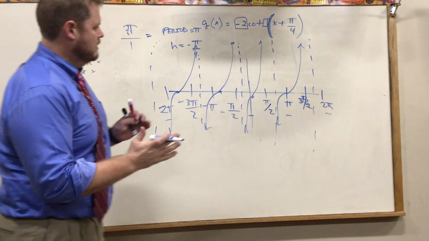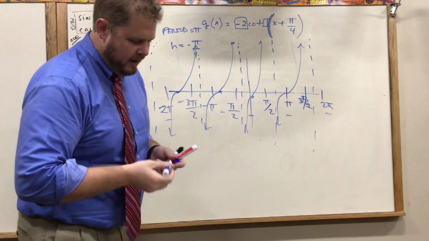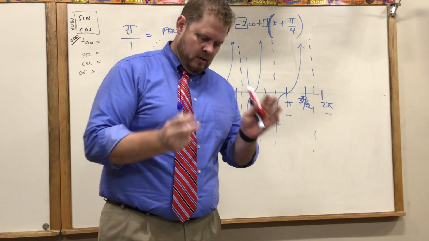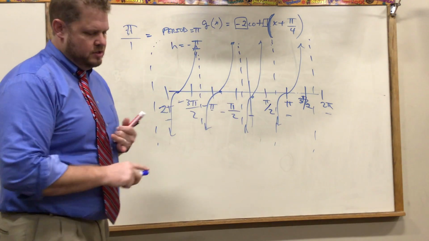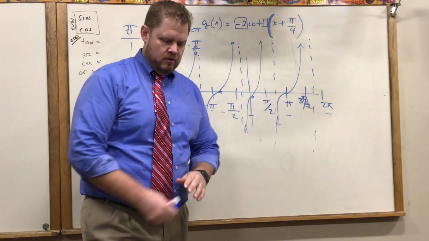Notice that they're a little bit tighter together and there's more of them and they're shorter because why? Because of that phase shift and because of the 2, etc. So any questions on that? Does that make sense, how you would graph that?